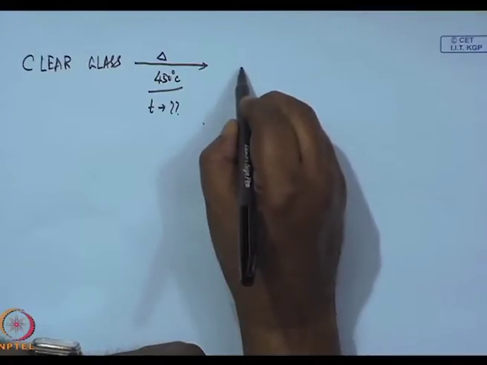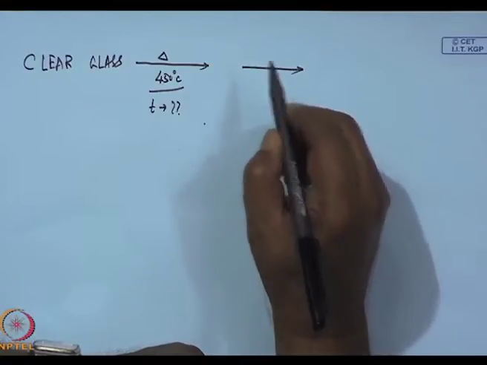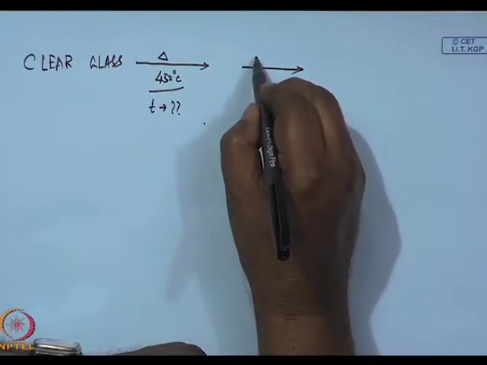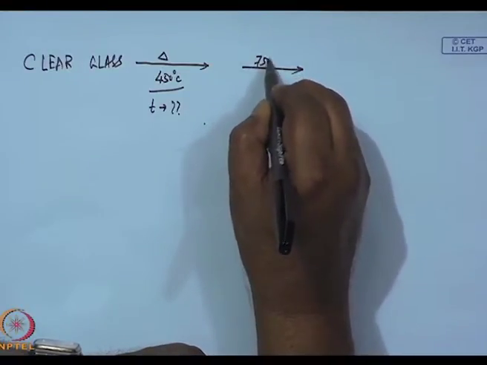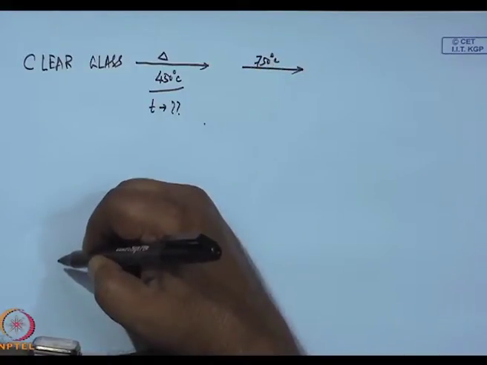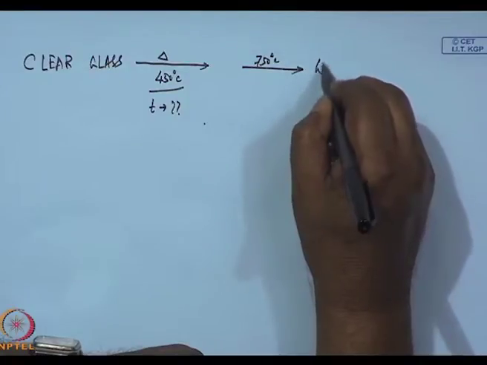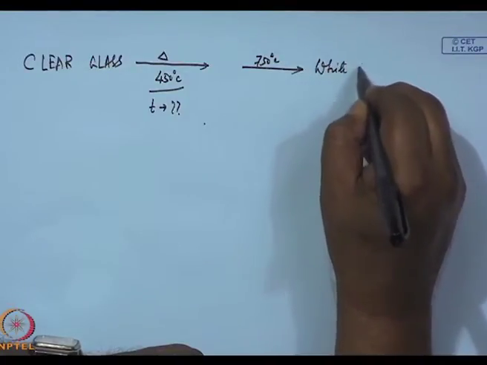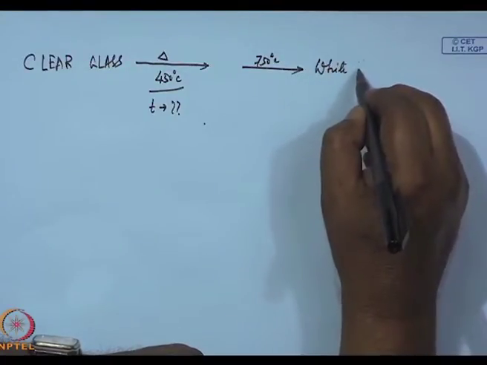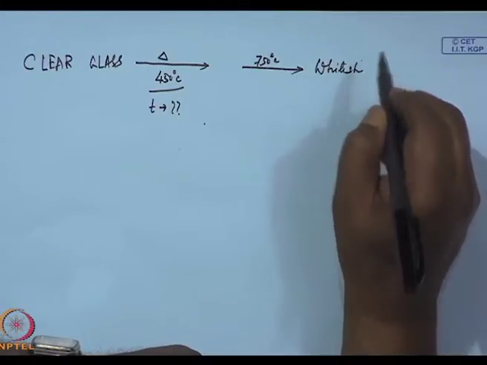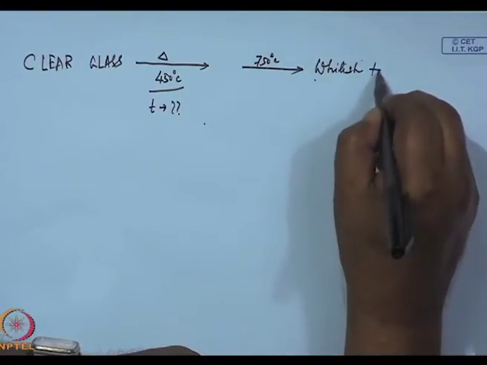I'll vary the time, I'll tell you why later. And then finally heat it around 750 degrees centigrade. When I get a glass which is whitish, totally.